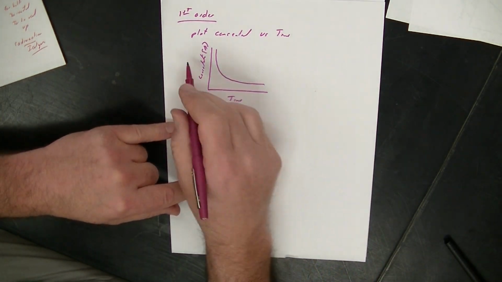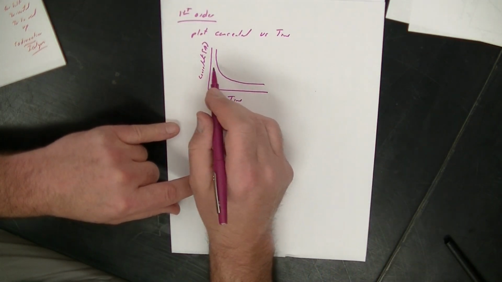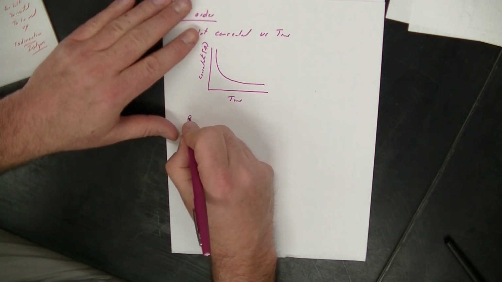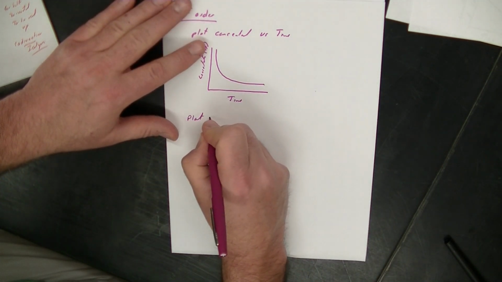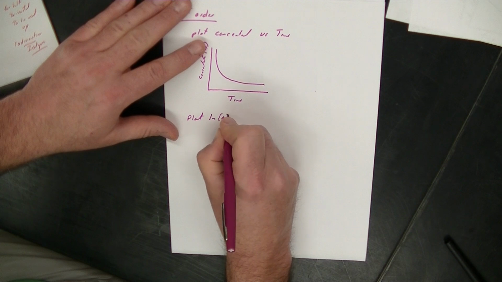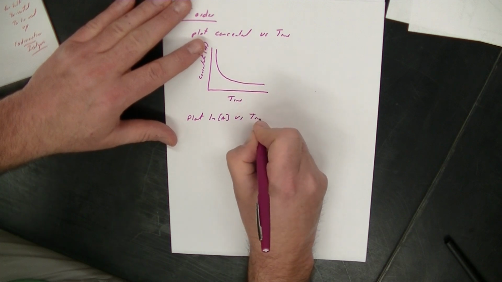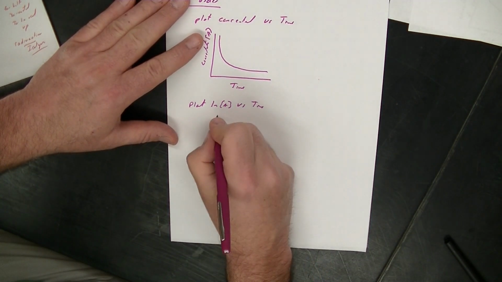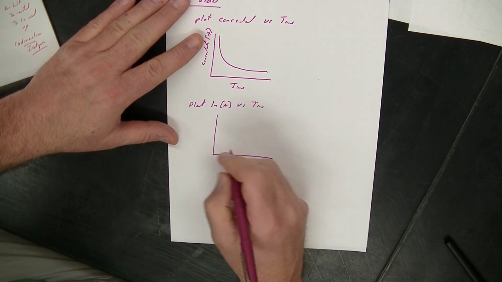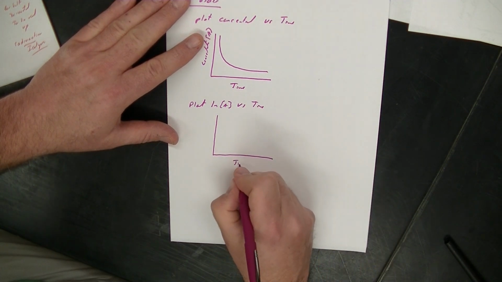This is not integrated, but if we plot natural log of the concentration of A versus time, this is where we get that straight line.